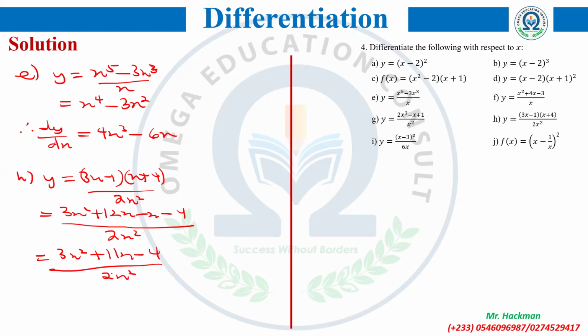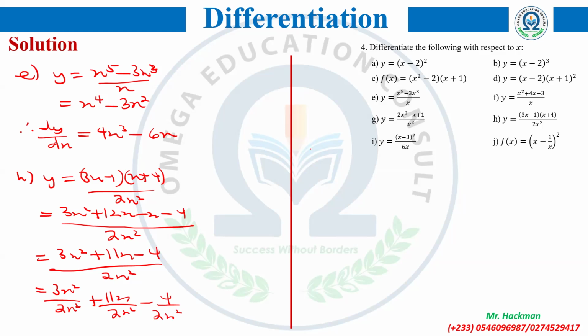But because you have a monomial in the denominator, you can divide each term so that you avoid the quotient rule. So you are going to get 3x squared over 2x squared, then plus 11x over 2x squared, then minus 4 over 2x squared.